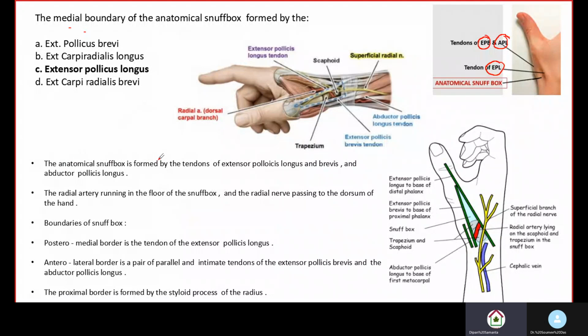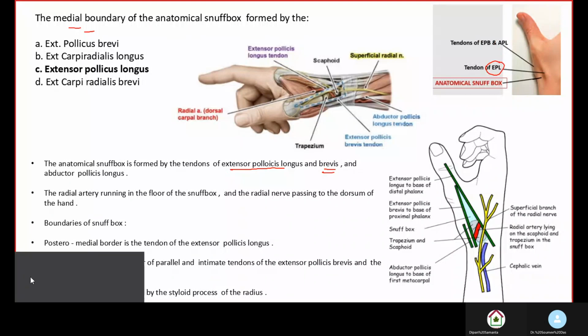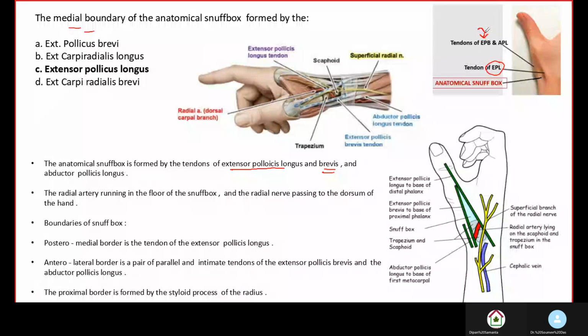So the anatomical snuffbox is formed by tendons of extensor pollicis longus and brevis, and abductor pollicis longus.